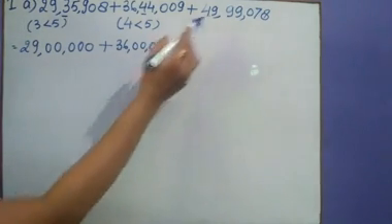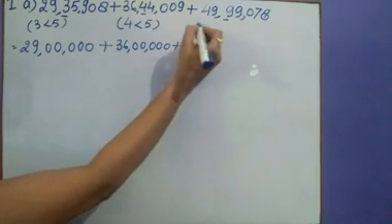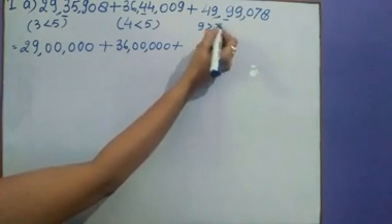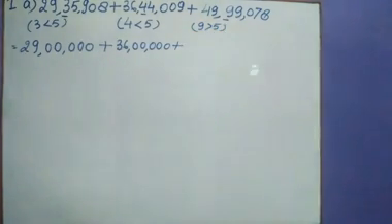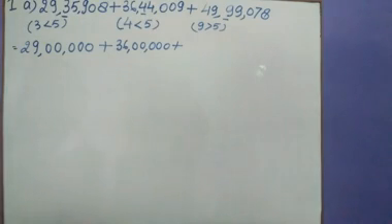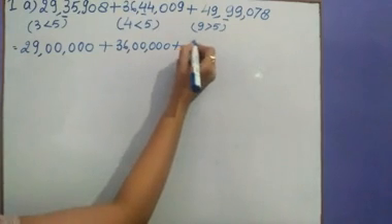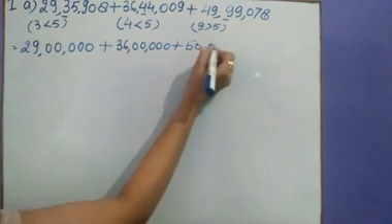Okay. 9 is more than 5. So 49 lakh 99,078 will be rounded up to 50 lakh.